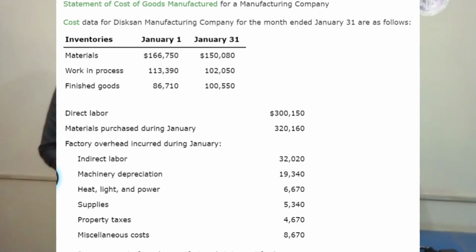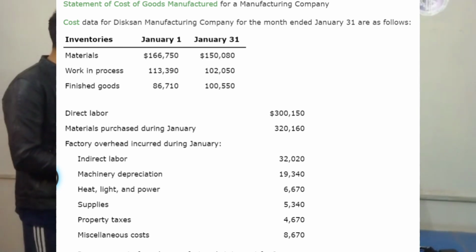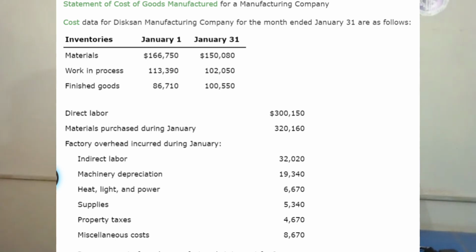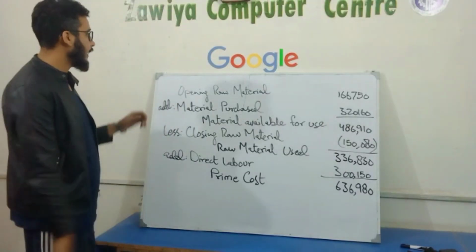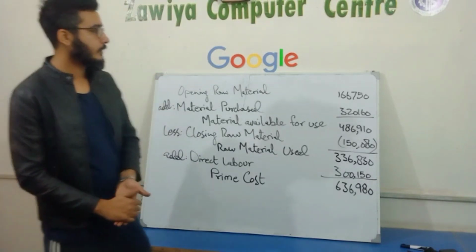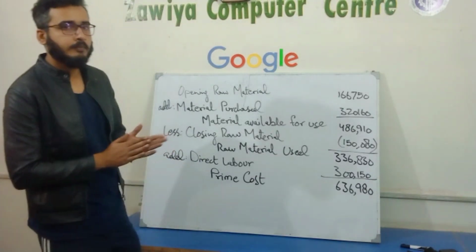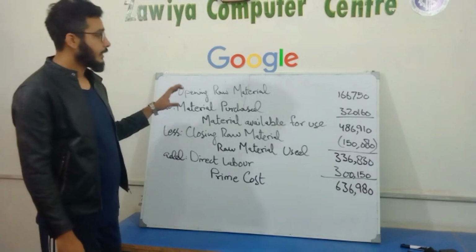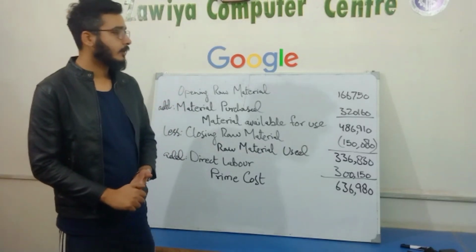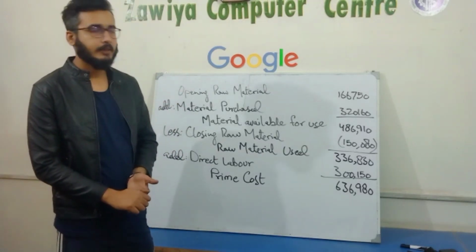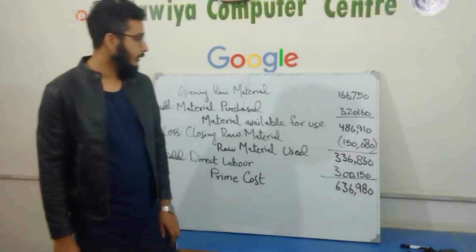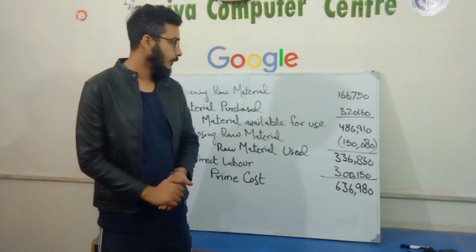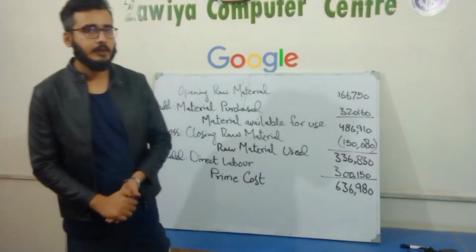So we are going to learn one example regarding the calculation of cost of goods manufactured. Firstly, I have opening raw material of 166,750, and then material purchased of rupees 320,160. In this way I've got material available for use of 486,910.